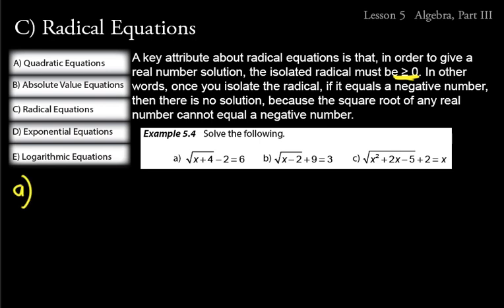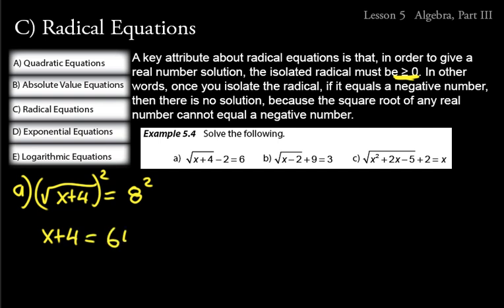So A, start with that one, solve that, isolate the radical first. So we have square root x plus 4 is equal to 6 plus 2 is 8. Now, get rid of the radical sign by squaring both sides. Then we just end up with x plus 4 on the left is equal to 64 on the right.